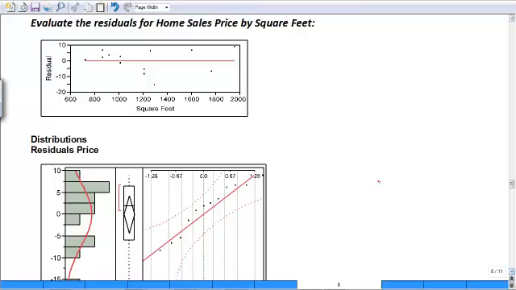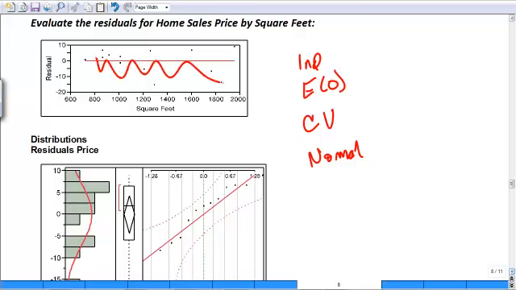4 regression assumptions: independent, expected value 0, constant variance, and normal. Independence, number 1. Do we see any patterns in these residuals?